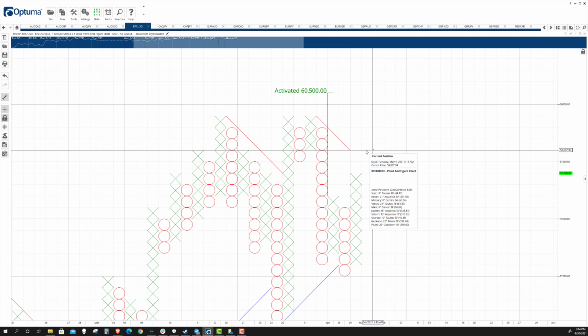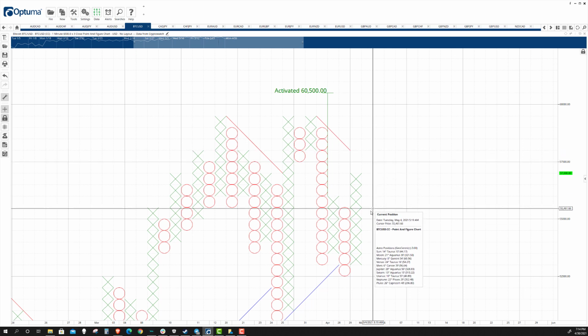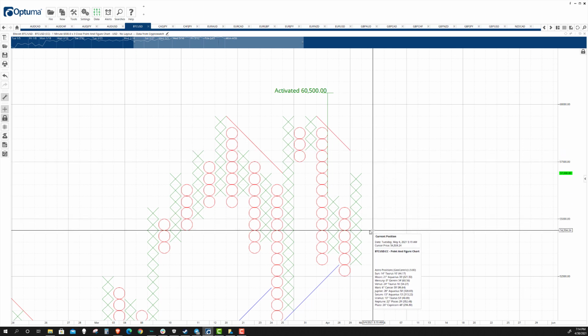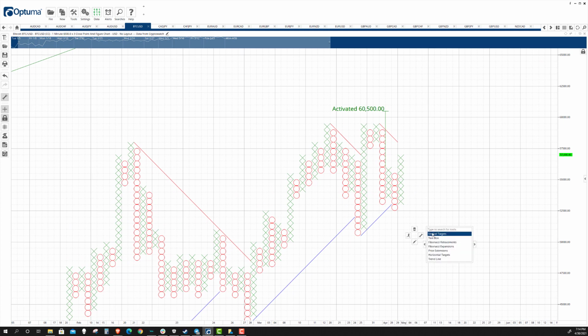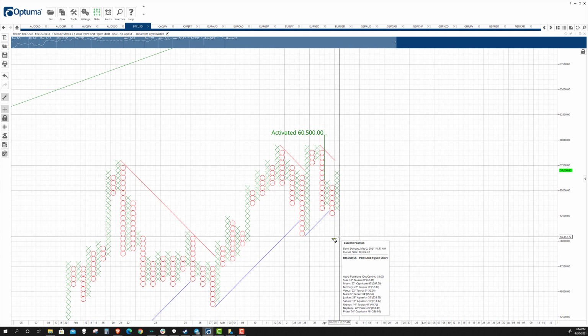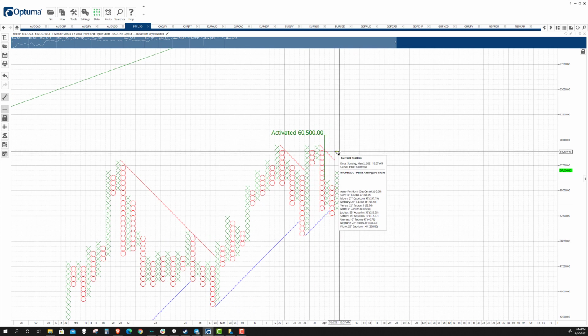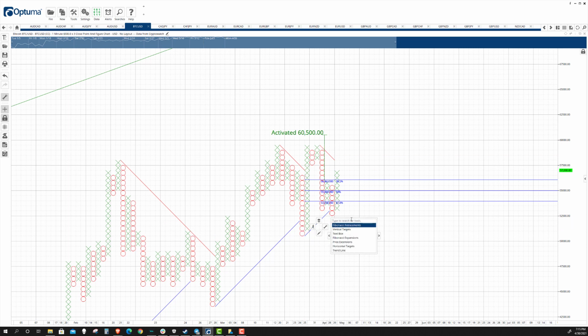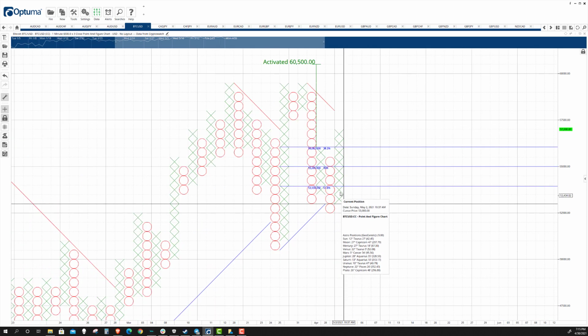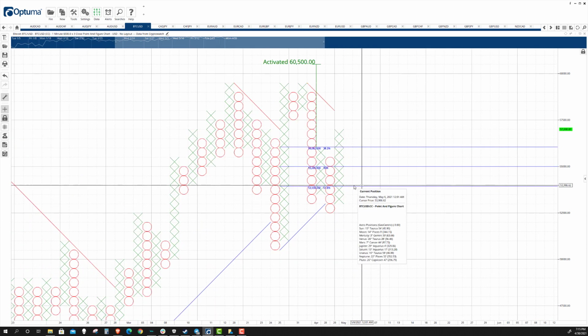All right. And then we have a pullback somewhere, probably down to, actually, let's just kind of measure it out. From here to here. I'll just say 54,000 probably. That'd be what to look for.